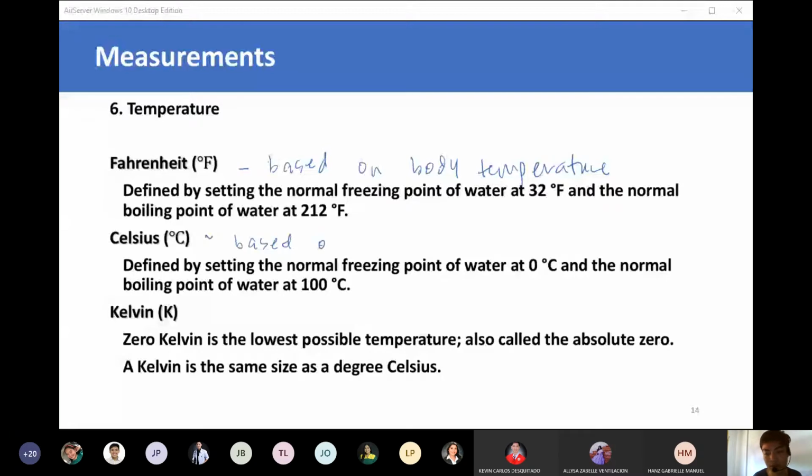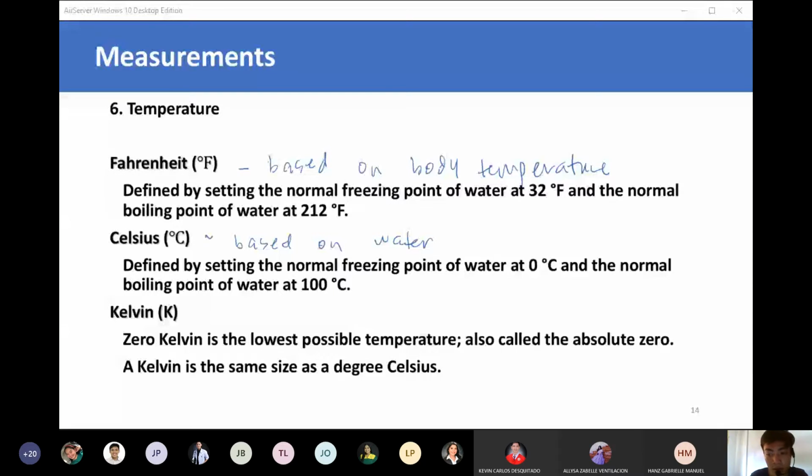For example, I am Celsius. This is my temperature scale, and this is water. If it is cold enough, it will freeze. I will stick my temperature probe here, then wait until this freezes. Whatever the reading on my scale is when it freezes, I will say that's 0 degrees Celsius. But if I heat this water and it starts to boil, whatever the reading on my scale is, I will say that it's 100 degrees Celsius.